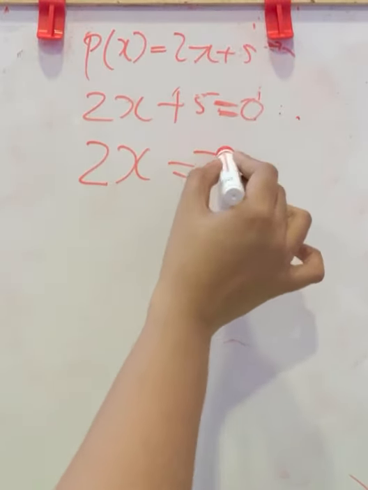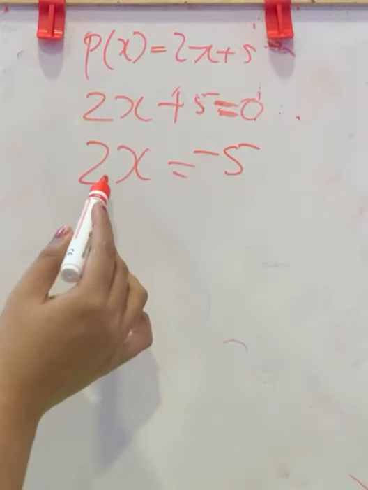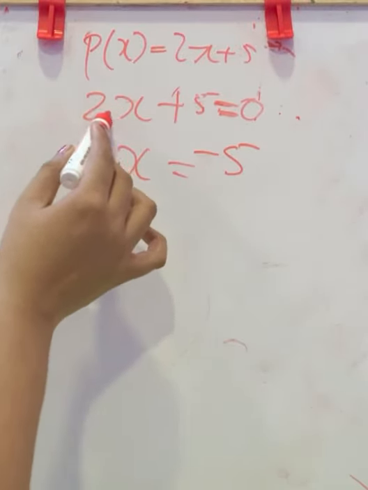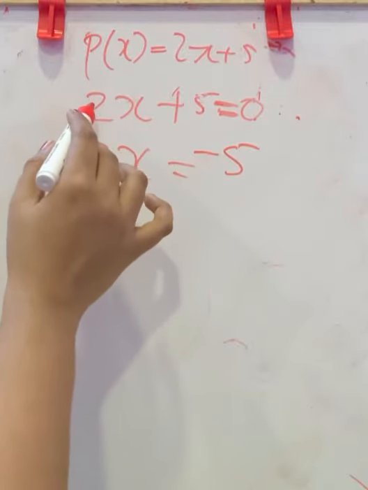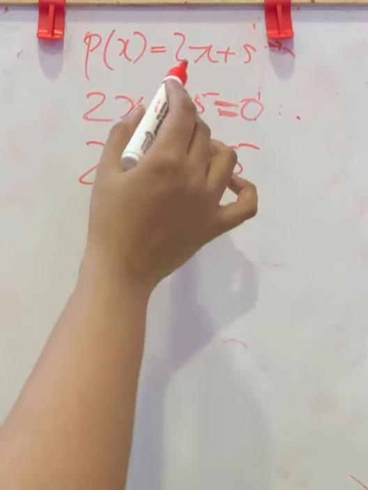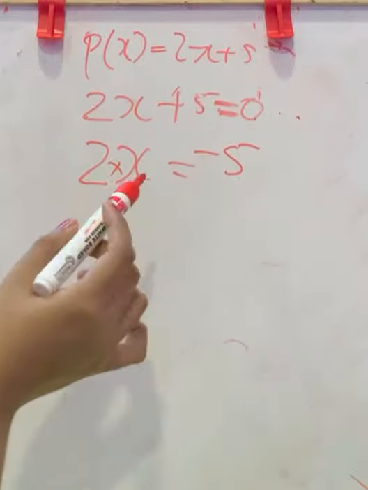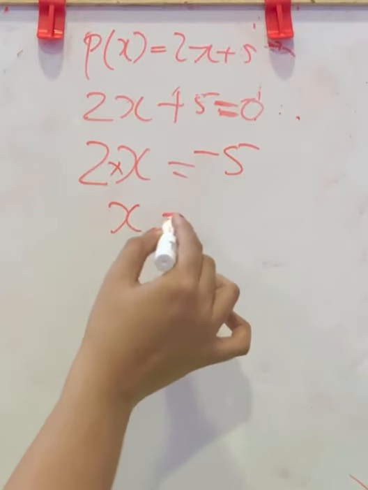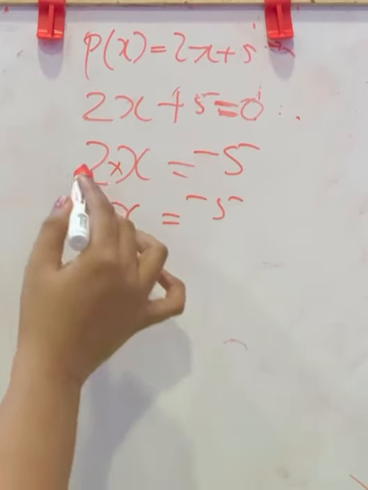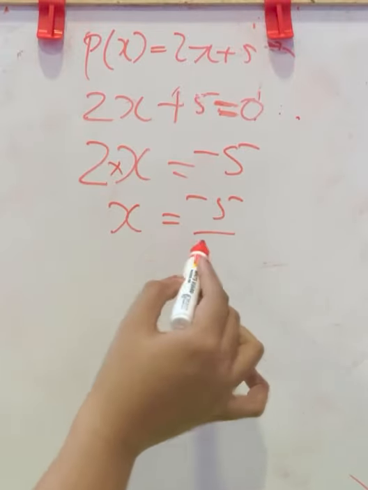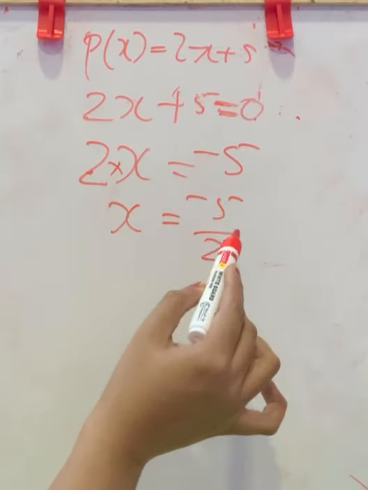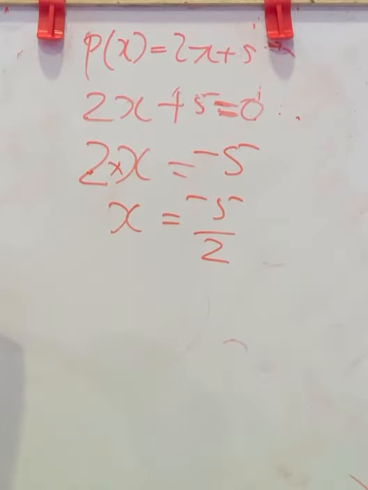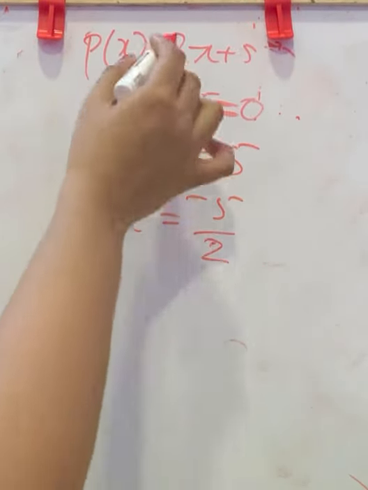Now next you take the coefficient of x. You don't take the coefficient first. You just take the other term first to RHS and then take the coefficient part of x. Here it is multiplication, so going to RHS, it becomes divided by 2. Negative 5 by 2 is the result. This is the zero of this polynomial.